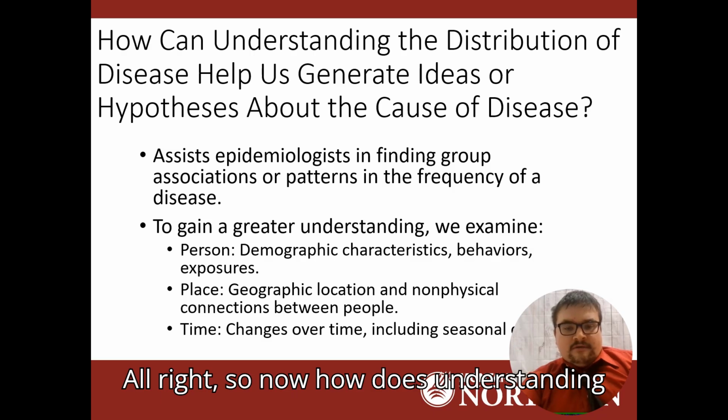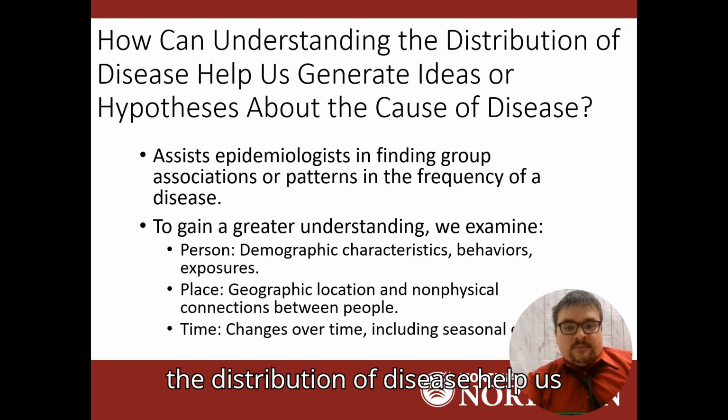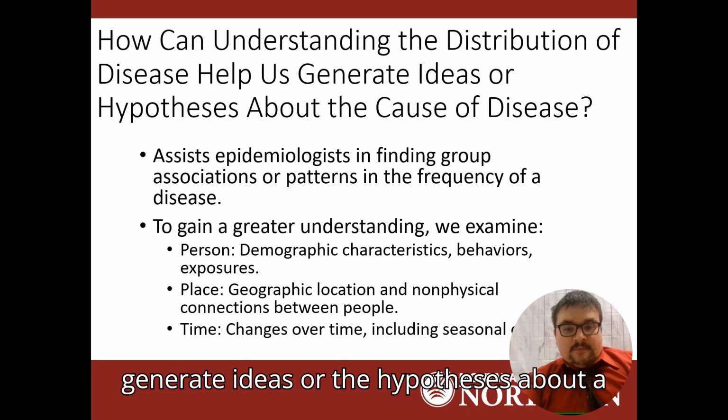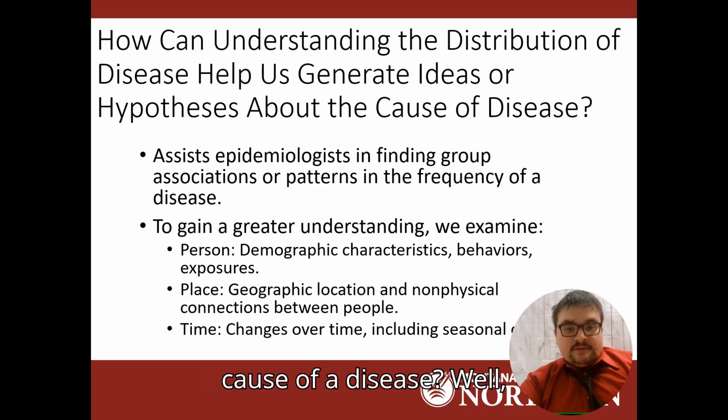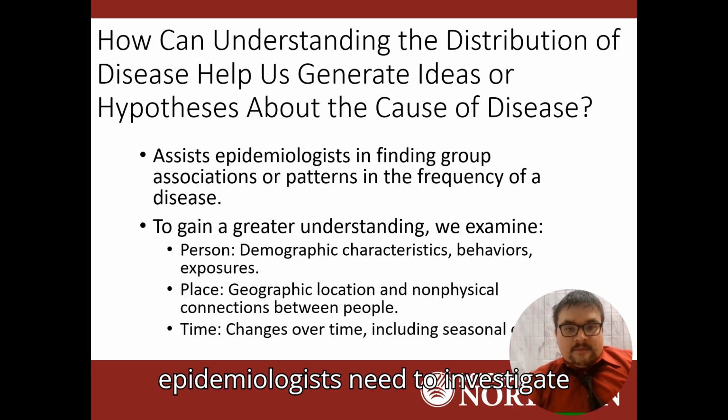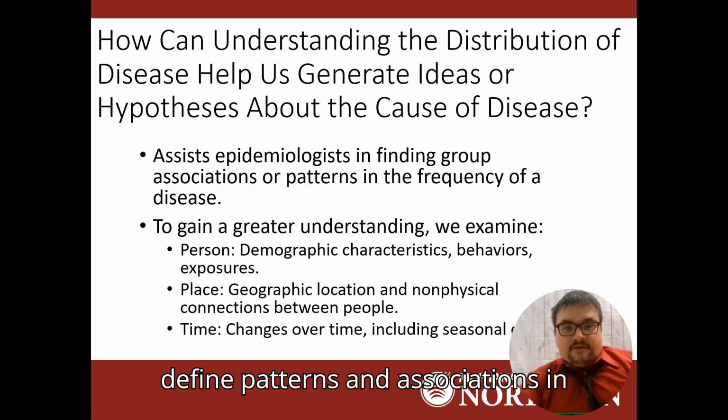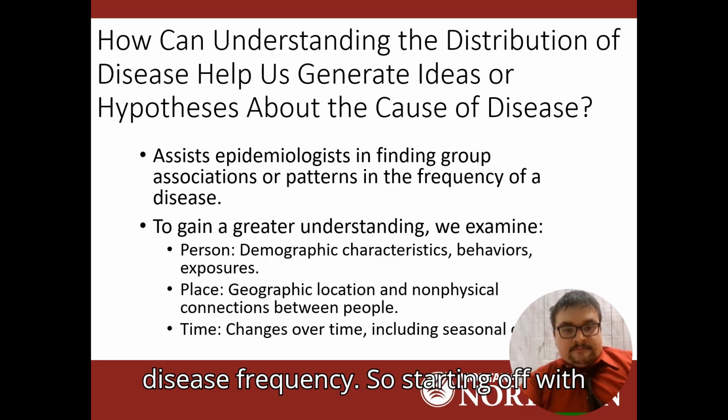All right, so how does understanding the distribution of disease help us generate ideas or hypotheses about a cause of disease? Well, epidemiologists need to investigate factors like person, place, and time to find patterns and associations in disease frequency.